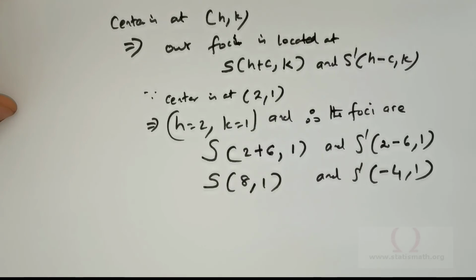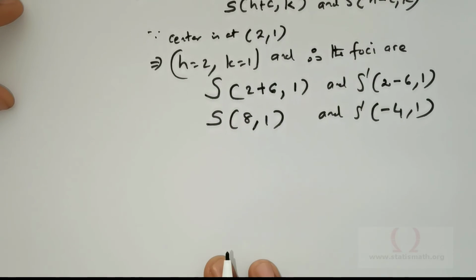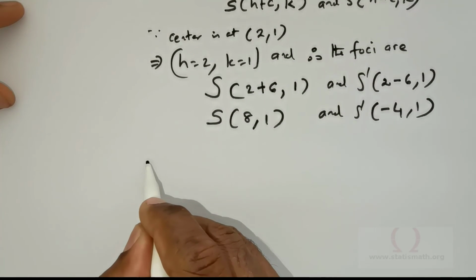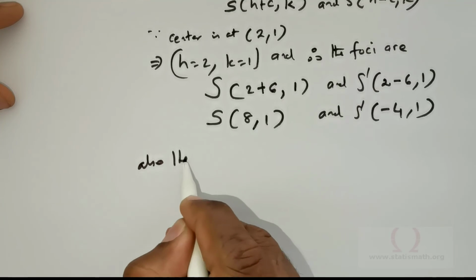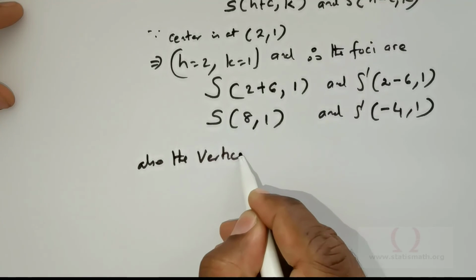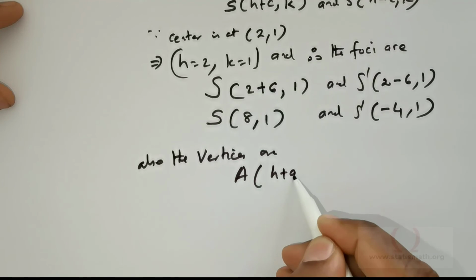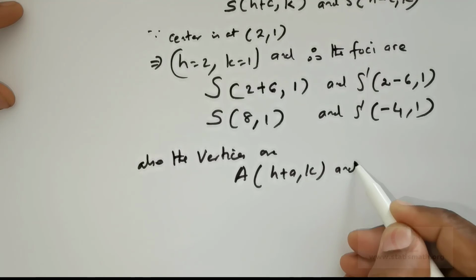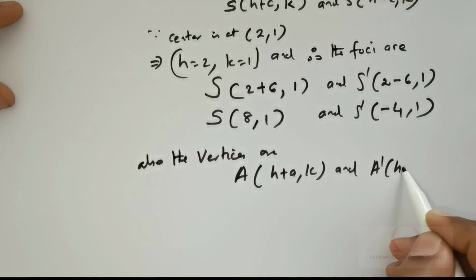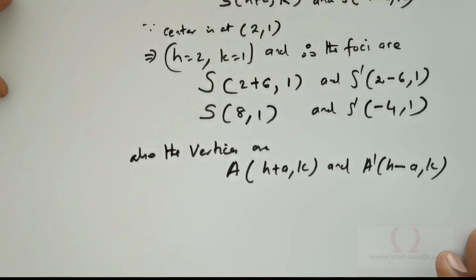Now we can also obtain the vertices if you want. The vertices are A of h positive a comma k and A dash of h negative a comma k. So that is the vertex.